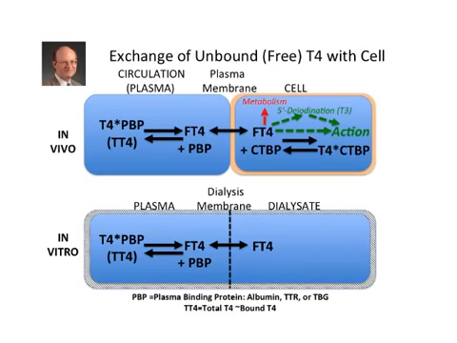In this slide we have a cartoon which I showed you during the thyroid physiology modules that shows how at the top T4 dissociates from its binding proteins, so that's plasma binding proteins, PBP, and becomes free.